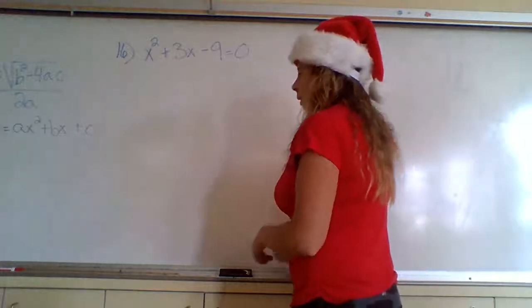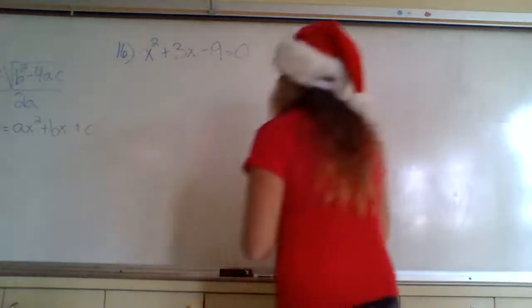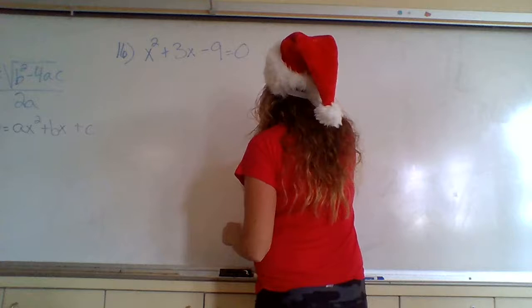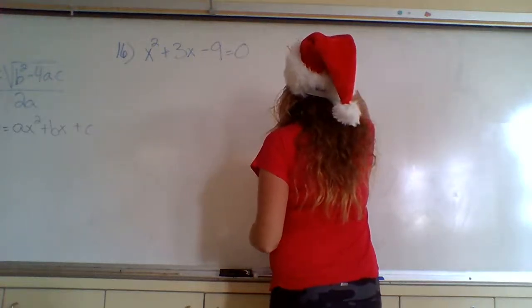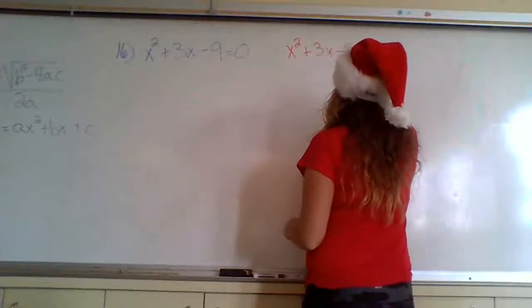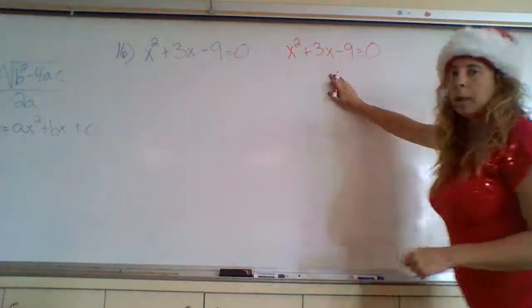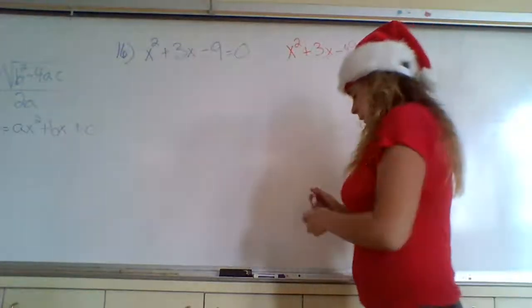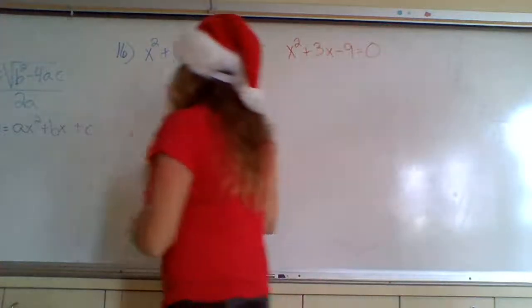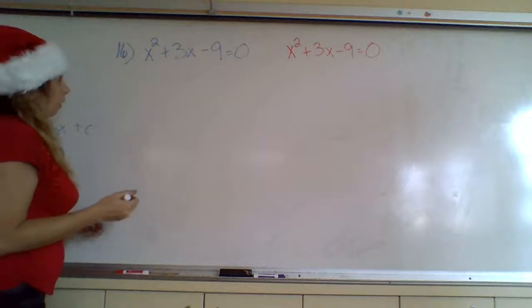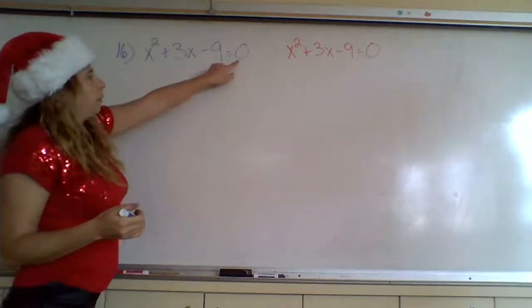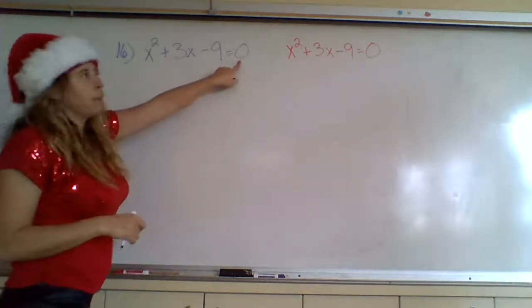Because there's a point where you get to the same spot. X squared plus 3x minus 9 equals 0. I prefer the red way, but to each their own. So starting over here, you can do it how we've been doing it in class, or how we did it last unit. Last unit, it was f of x instead of a 0.